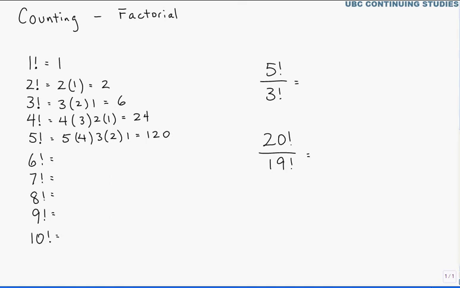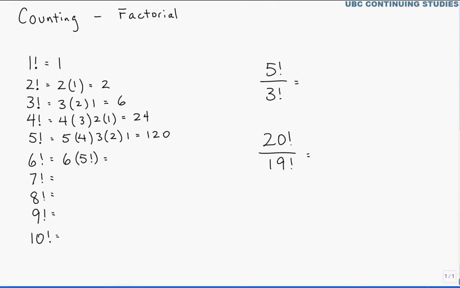And you can see that these numbers get big pretty quickly, right? 5 factorial is 5 times 4 times 3 times 2 times 1, which is 120. 6 factorial, after you've done this for a little bit, you realize you don't really need to multiply all the numbers, because you've already multiplied all the numbers but 1 in the previous row. So 6 factorial is really just 6 times 5 factorial.